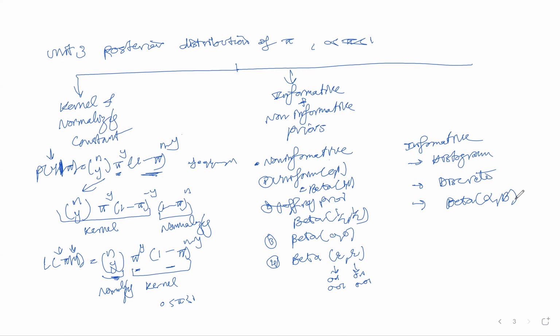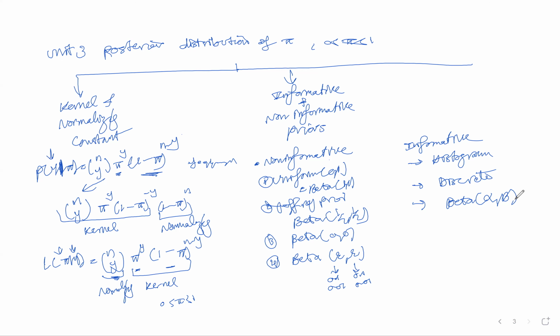So if I use uniform, I multiply the likelihood by 1. If I use Jeffreys prior, I multiply the likelihood by beta half. If I use beta 0, 0, which has kernel pi to the power negative 1 times 1 minus pi to the power negative 1, I multiply this by the likelihood.